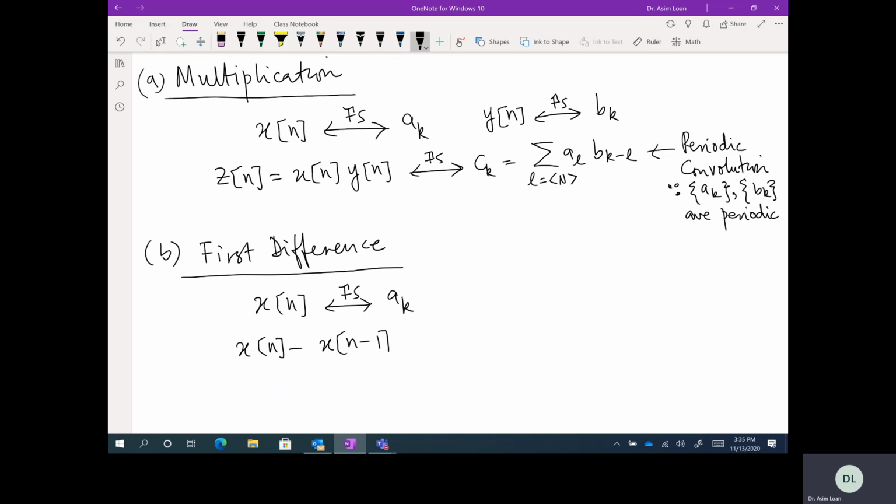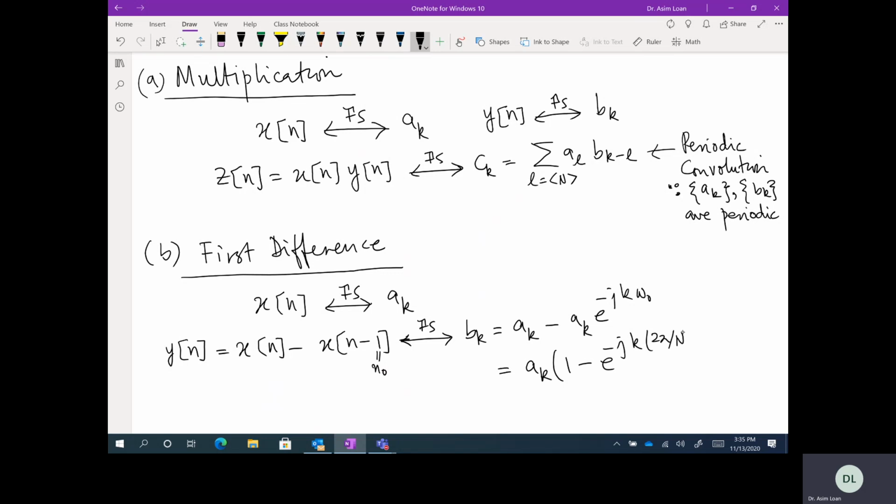This is the first difference, call it y[n]. It has Fourier series b_k, and just as in the continuous time case, this is a_k e^{-jk omega_0 n_0}, and n_0 is 1. So we have a_k e^{-jk omega_0}, which is simply a_k times (1 minus e^{-jk 2 pi/N}).